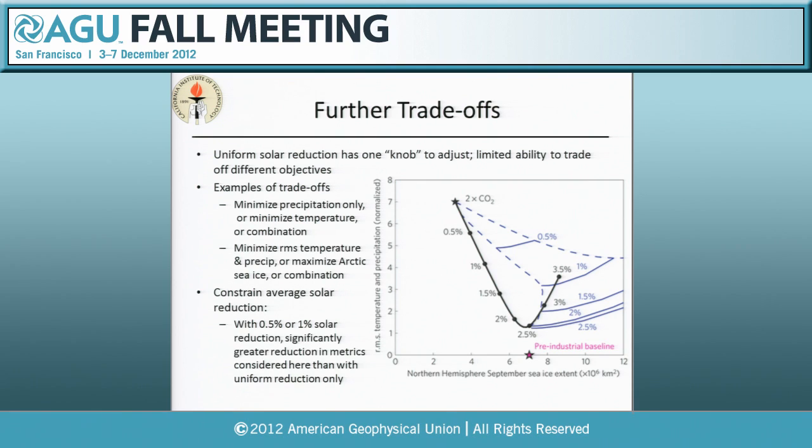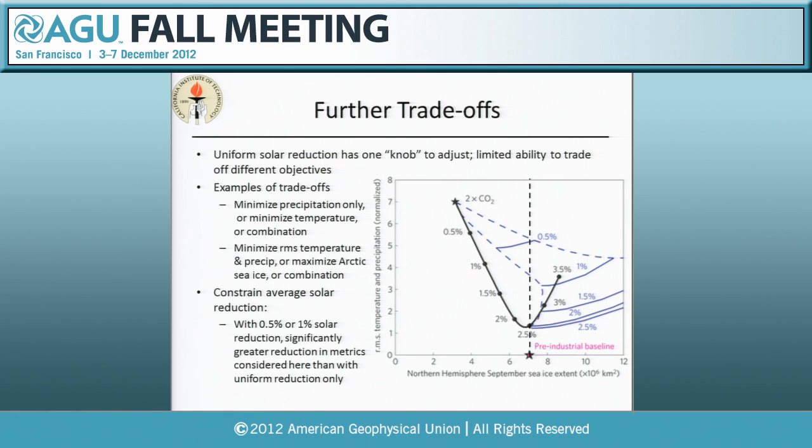With multiple degrees of freedom, you have a choice about what you want to minimize. So for example, if you only care about the Arctic sea ice, you will push yourself in this direction as much as possible. You follow this line as you increase how much you're allowed to use. If you only cared about the global RMS, you actually follow this line. And if you weight some combination, you can fall somewhere in between here.